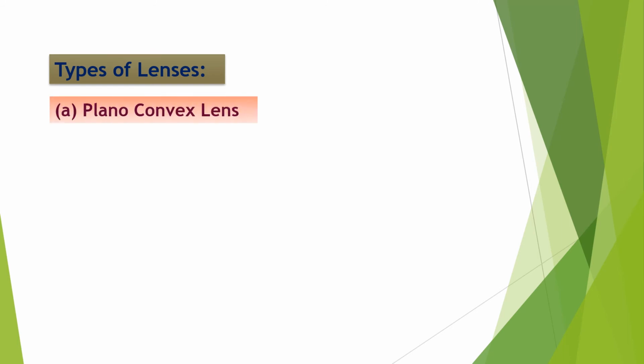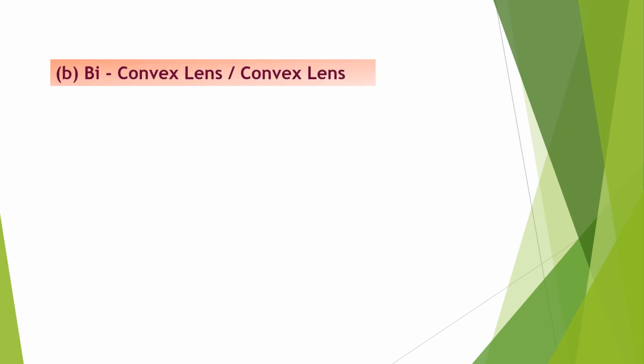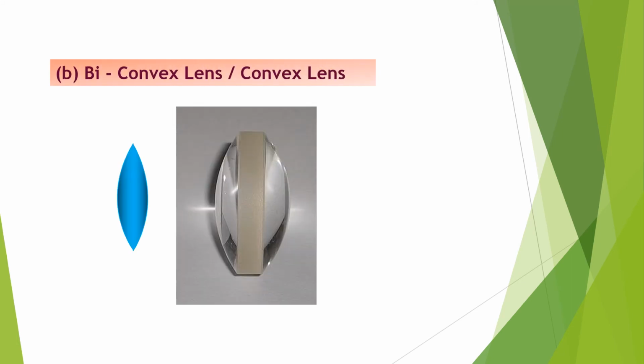Types of lenses: plano-convex lens. One surface is plane, another surface is convex in nature. The family is convex, but one surface is planar. Therefore, the nomenclature we gave here is plano-convex lens. Biconvex lens, or simply called convex lens, consists of two surfaces, both convex in nature.